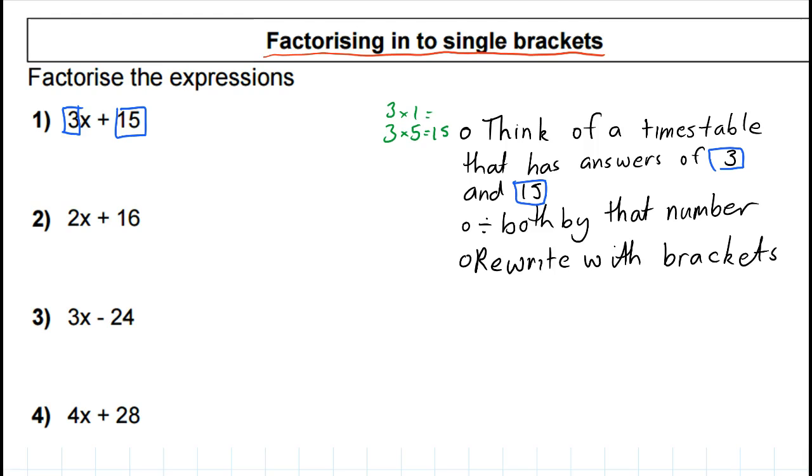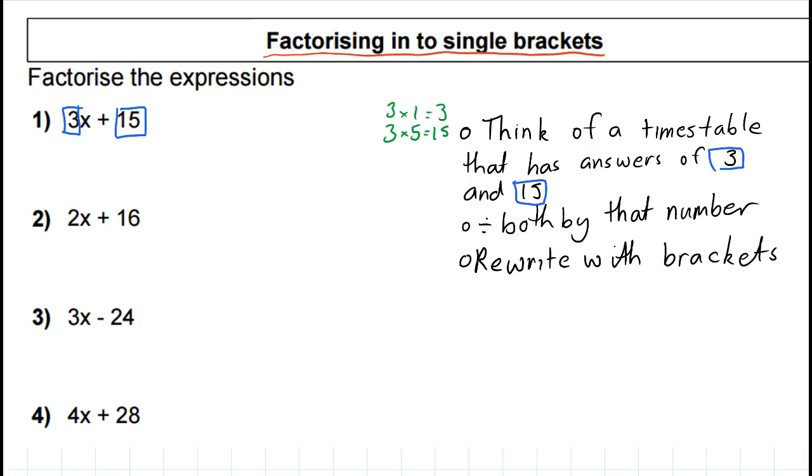So it's also an answer in your 3 times tables, which means that 3 is a factor on the factor trees of both numbers. Okay, so here, once we've worked that out, we've got to divide both parts by that number and rewrite with the brackets.